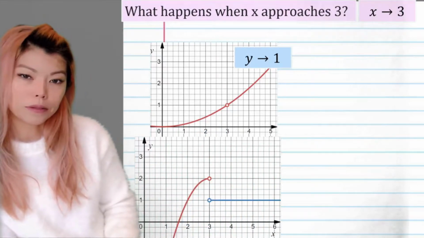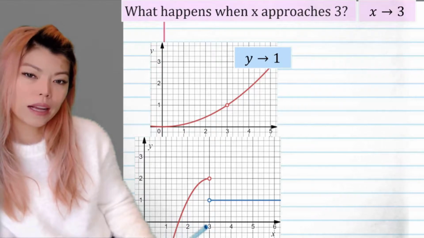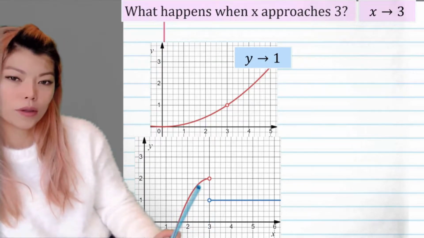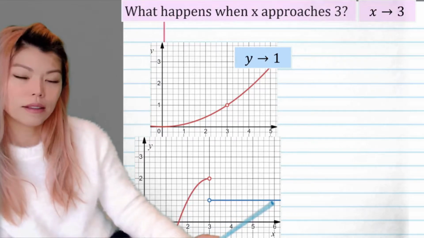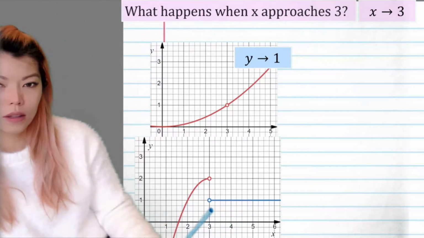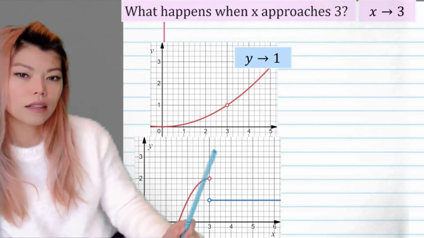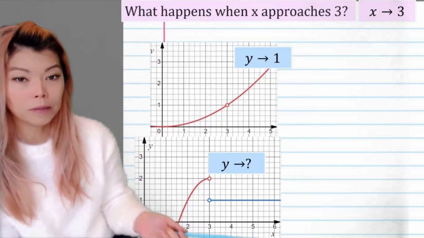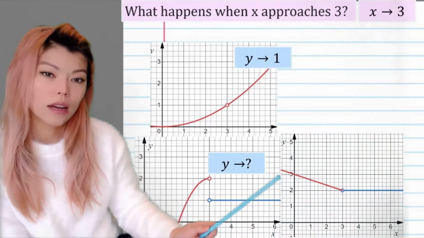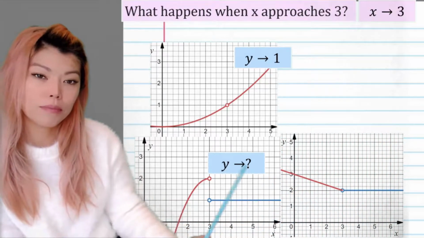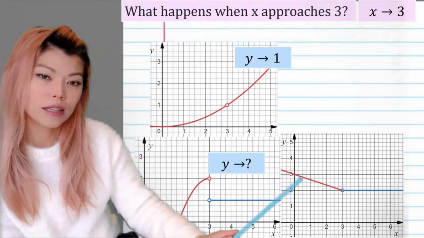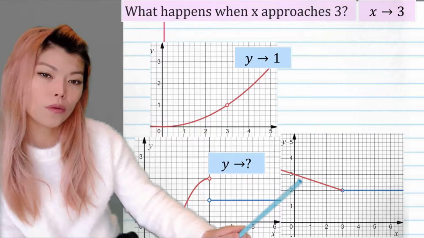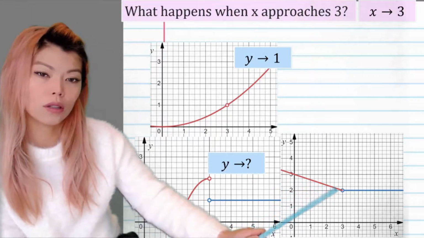What about this graph? Well, when x approaches 3 from this side, we can see the y value is getting close to 2, but from the right side, the y value is going to be 1. So as x approaches 3 for this graph, we don't know what the y value is. And for this graph over here, again, it's two different lines, but from the left side, we can see that as x approaches 3, y is going from 3 to closer and closer to 2.